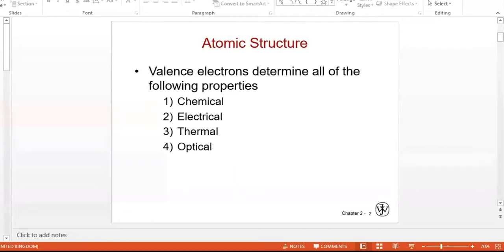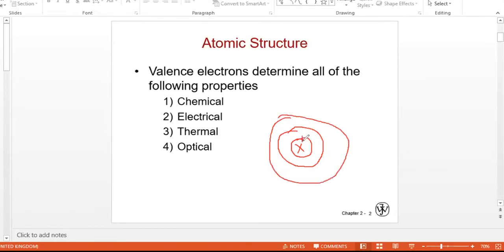If you draw an atom, you will see there is a last shell. Let me take some X; this is not an actual atom. It will have a first shell, maybe a second shell, and maybe a third shell also. Imagine the first shell is full; it can have only 2 electrons.